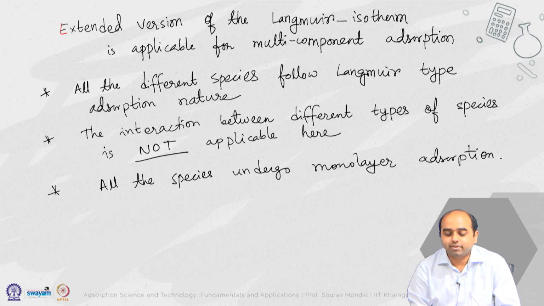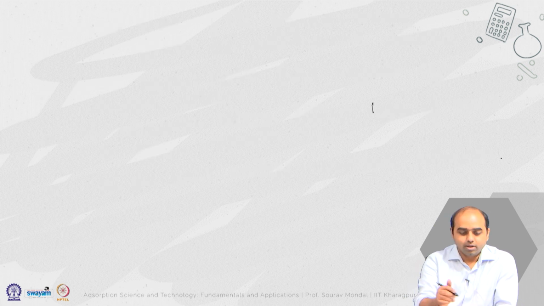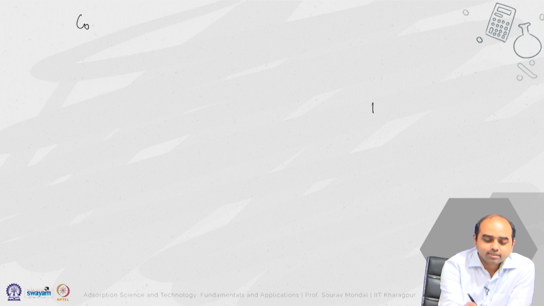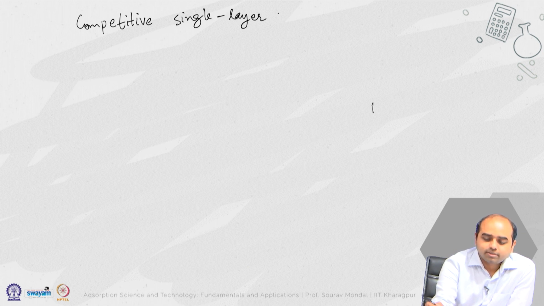Similar to the previous case with a single component, where it was strictly maintained that only one molecule will occupy one adsorbent site, here also one adsorbent site can only be occupied by one molecule of whatever type it is. So, the nature of adsorption is competitive.